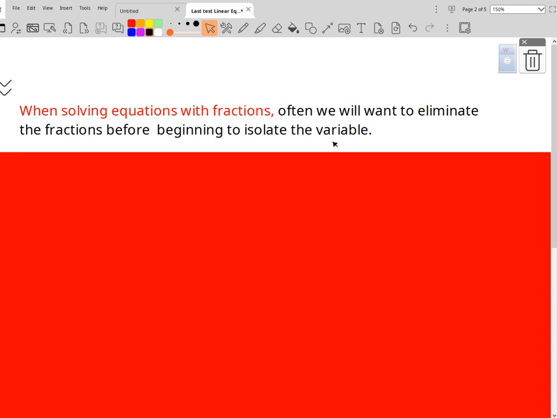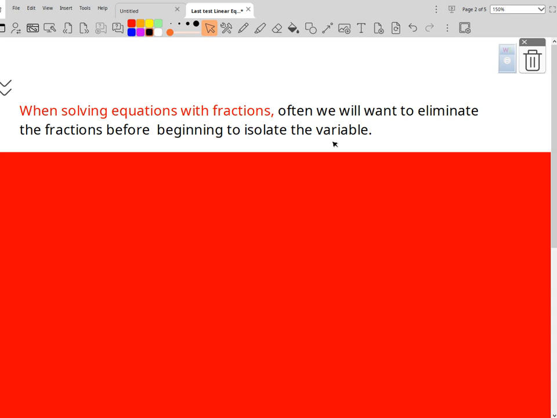Often you will want to eliminate the fractions before beginning to isolate the variable. Technically you don't have to get rid of fractions, but I am a long-time math teacher and I do not want to add and subtract fractions if I don't have to. I do not want to have to convert them to the same denominator, because that's what you do when you're adding and subtracting fractions, right? So there is a way to get rid of the fraction.